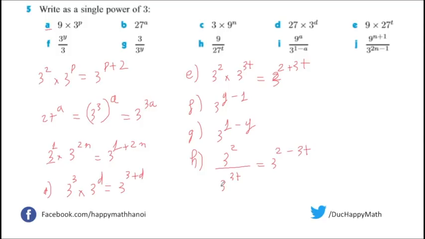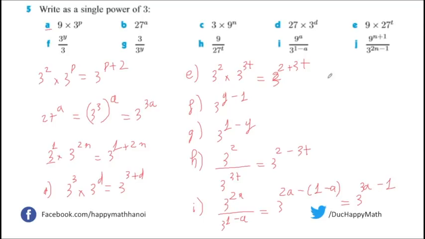And exercise I, 9 power A means 3 power 2a, and 3 power 1 negative a. So you have 3 power 2a plus 1 negative a. So expand the bracket and you will have 3 power a plus 1 as the power number.